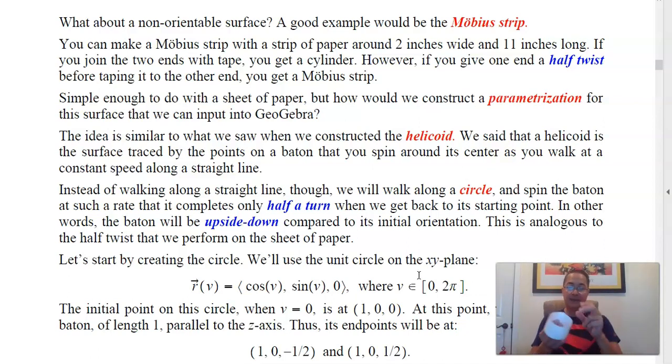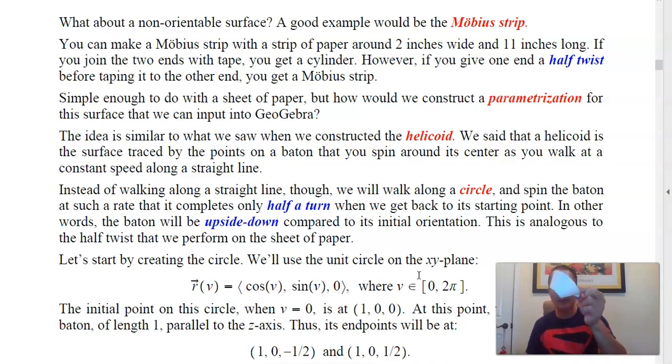However, here's how you make a Mobius strip. Instead of just connecting the two ends like that, you take one end and give it half a twist, and now attach it to the other end. So that is your Mobius strip.